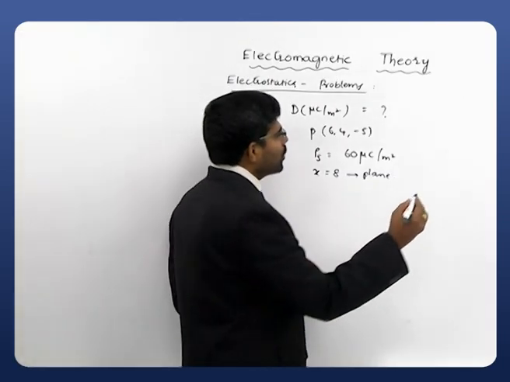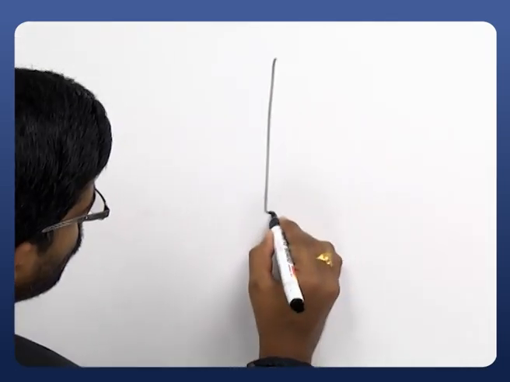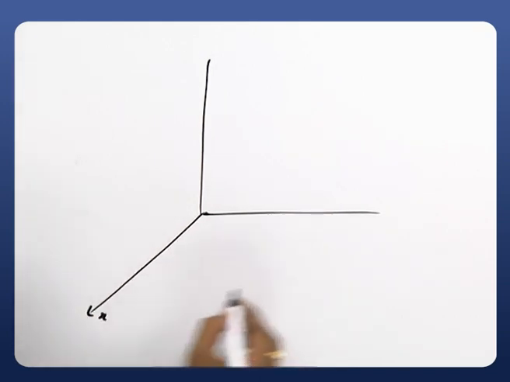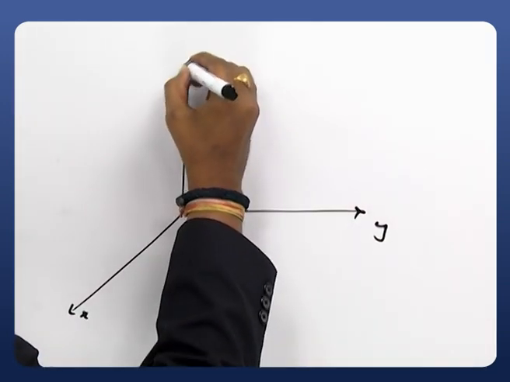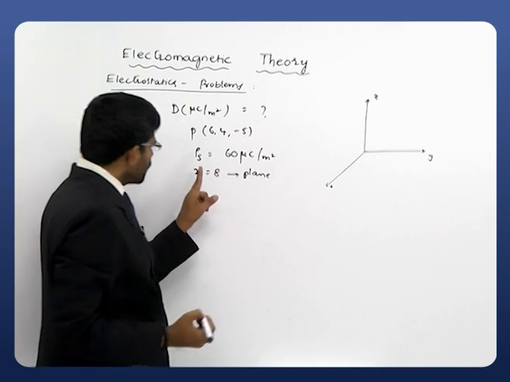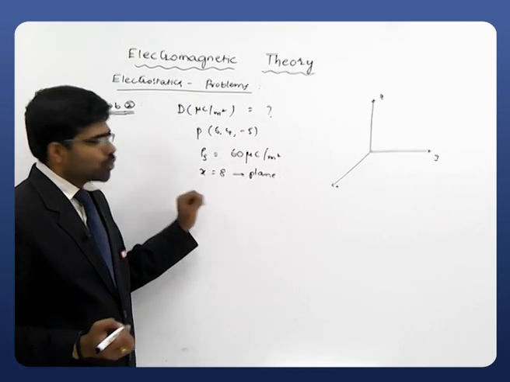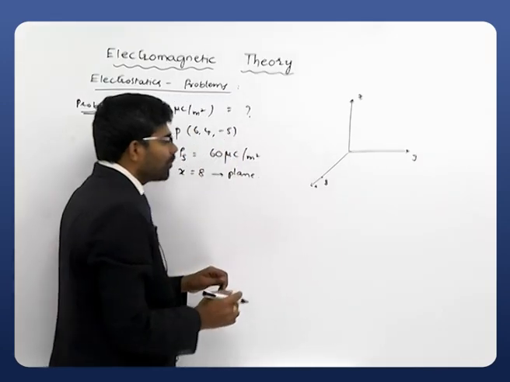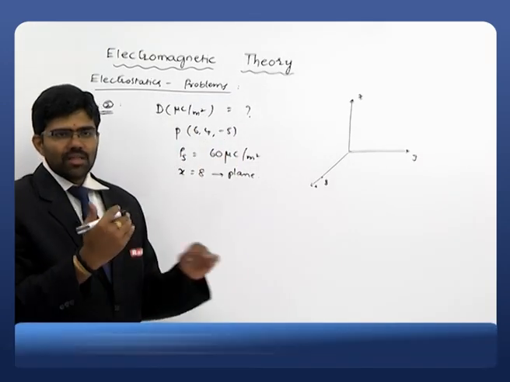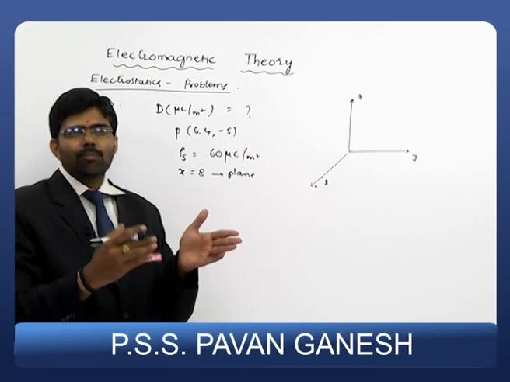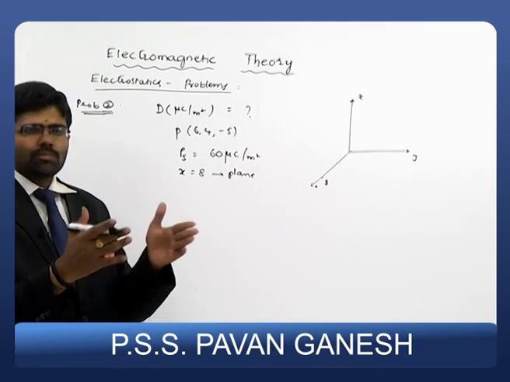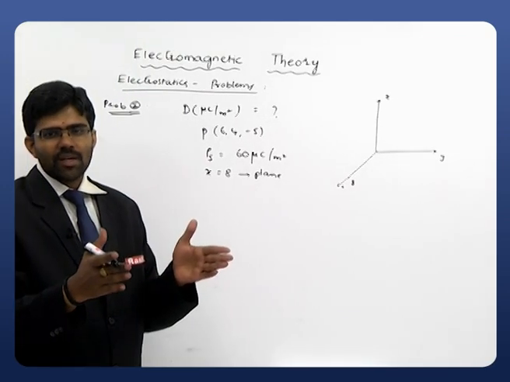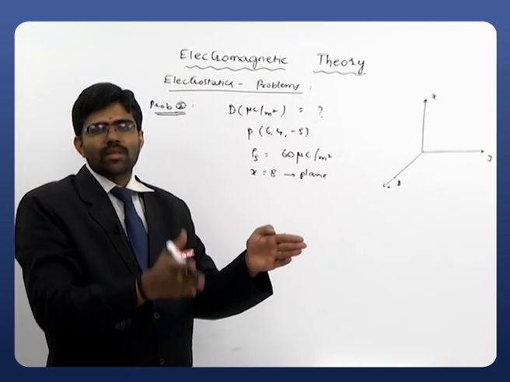So in the rectangular coordinate system, take the basic x, y, z, where the plane is placed at x equals 8. Just imagine it. Whenever we place a plane at x equals some quantity, that will be parallel to the yz plane.